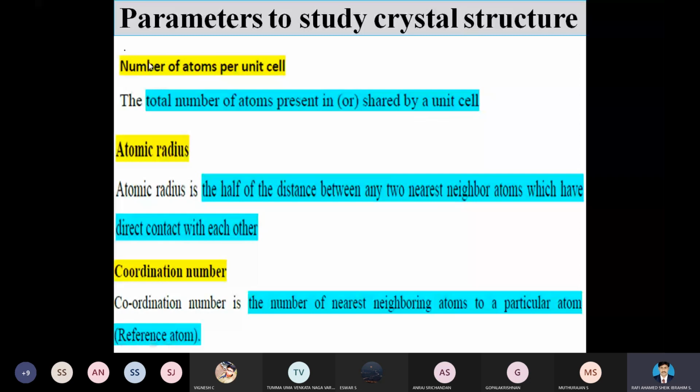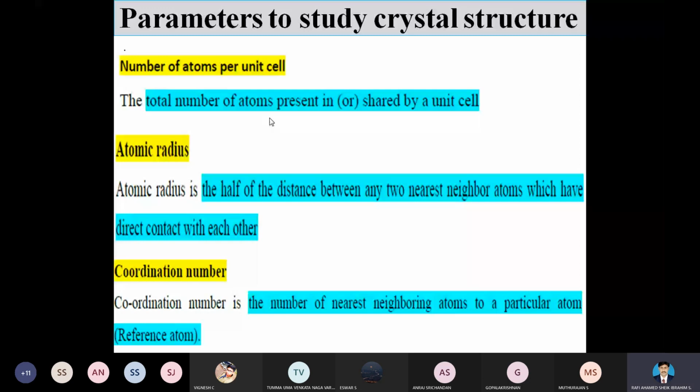From this first parameter, we are going to observe the types of atom. How many types of atom are present in the crystal structure? As I already informed, we have 2 types of crystal structures. One is primitive and the other is non-primitive.